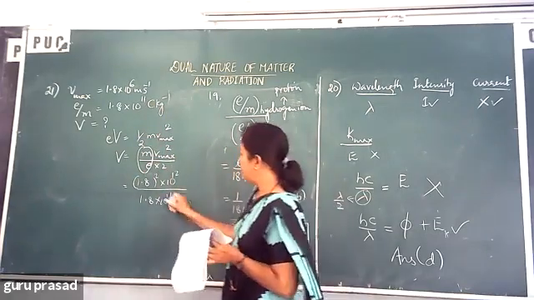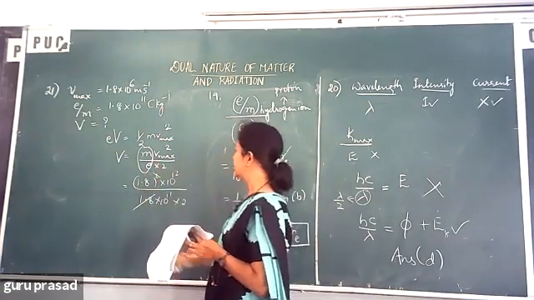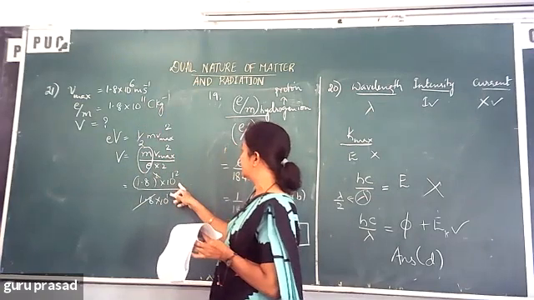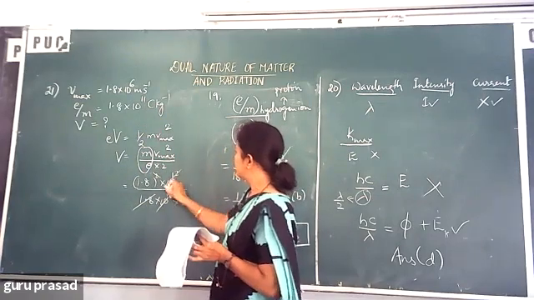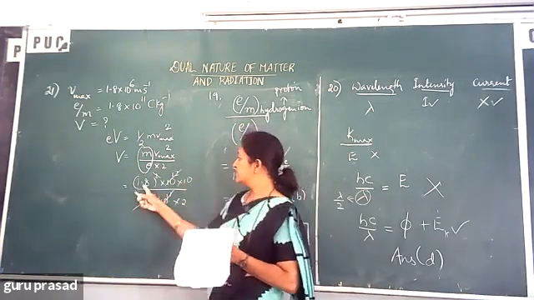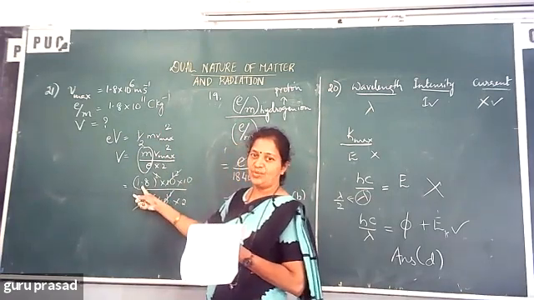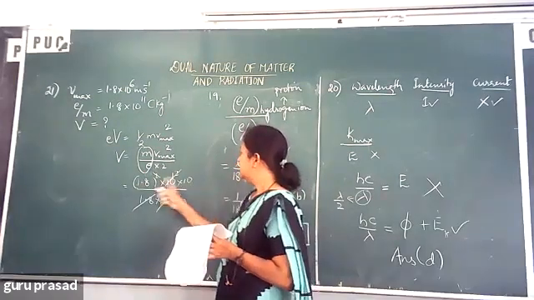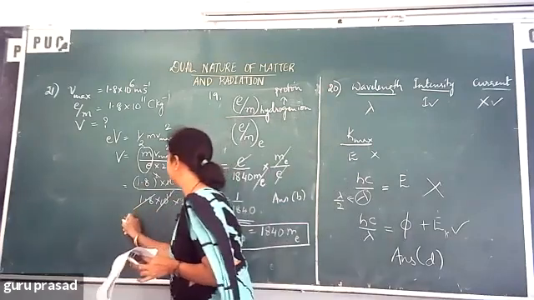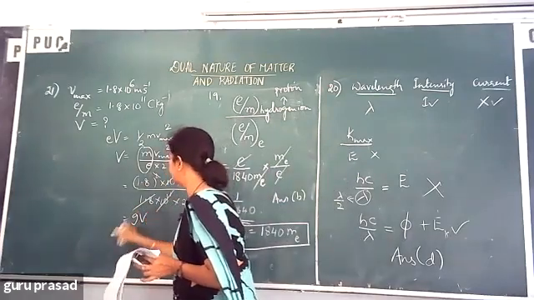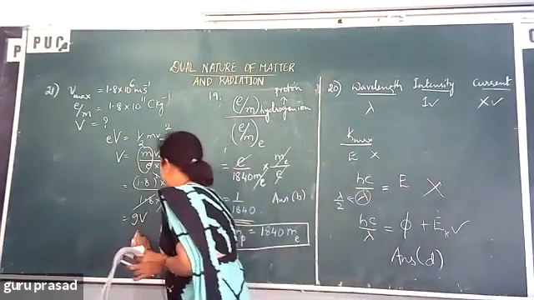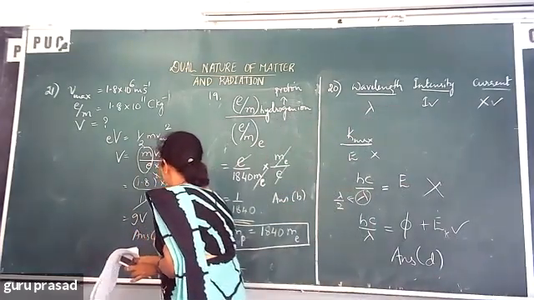One of the 1.8 will get cancelled and 10 power 11 will get cancelled, and you will get 10 here. 10 into 1.8 is 18, divided by 2, so 9 volt is the stopping potential. Yes, it is answer D.